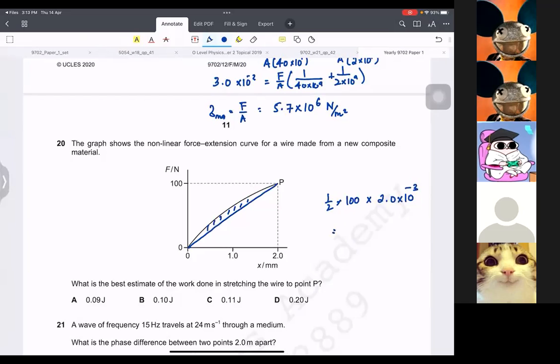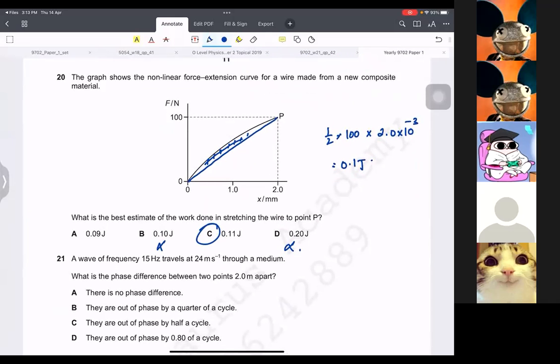This is 0.1. Now it can't be this, why? Because of course we didn't take this much area. It can't be this because it's too big. So it has to be somewhere which is much bigger than this. So that has to be C, right? Just like that, the estimate.